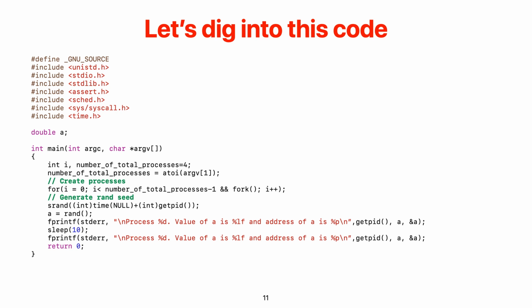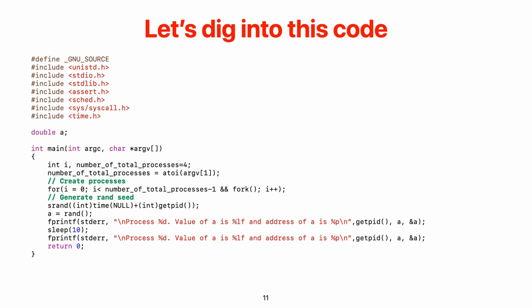Now, let me show the other pieces of code. Look at these pieces of code. We create a process and we fork the process several times. By fork, we mean that it will duplicate exactly the same program from this point.